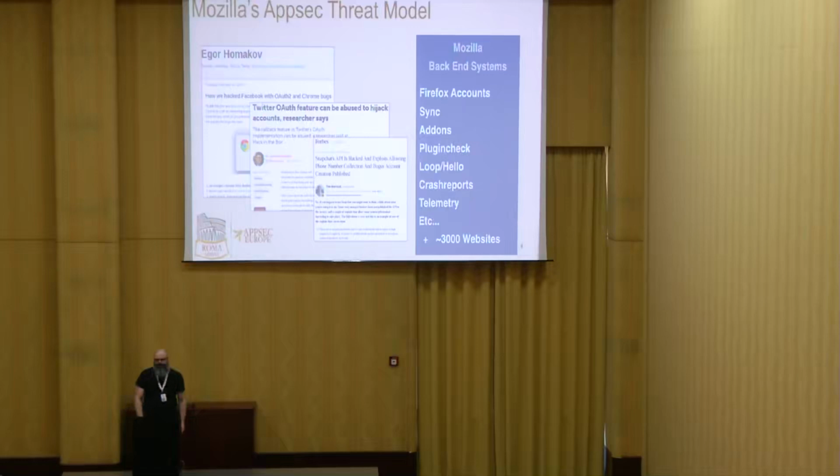So as you can guess, it takes a lot of web services to support a modern web browser. So for example, Firefox accounts and sync and add-ons and plugin check and crash reports and telemetry and all this other stuff. These are all web services. They all have a lot of stuff that would be interesting to all kinds of different classes of attackers.